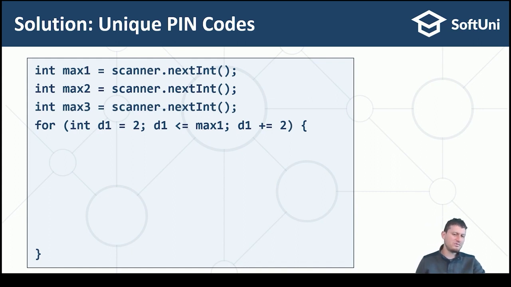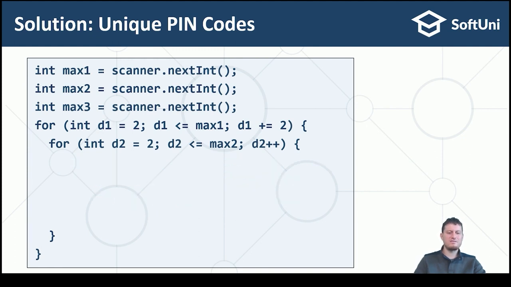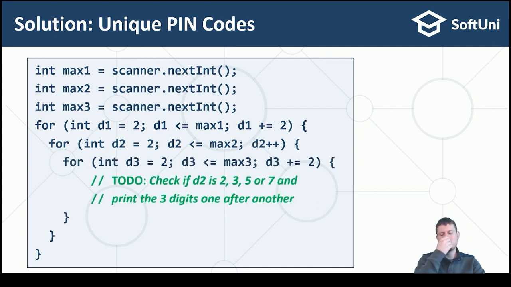D1 from 2 to max 1 with step 2, D2 from 2 to max 2 with an if, and D3 is in this range, and we can check for D2 like this and print. It's very similar to what I had in mind and what I already implemented for you a few minutes ago.